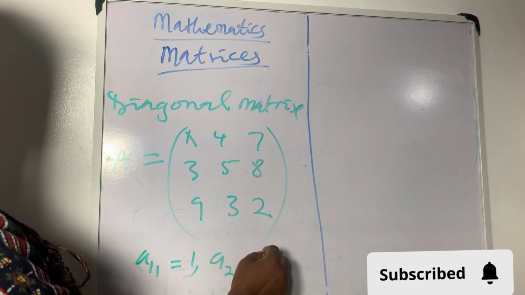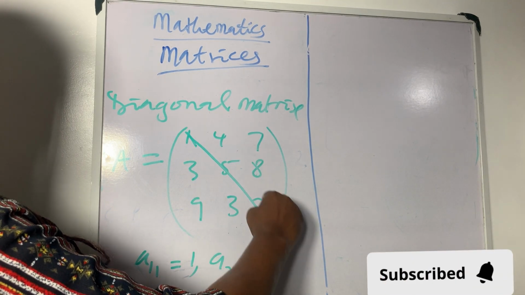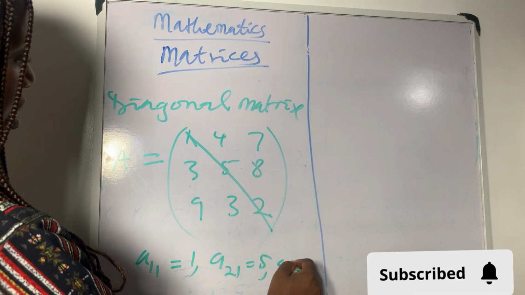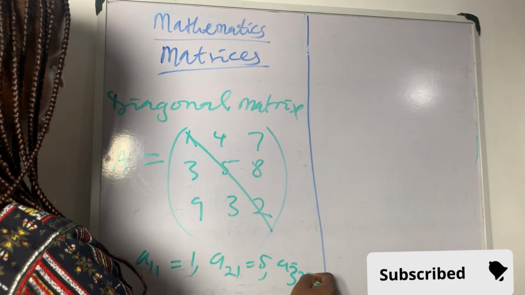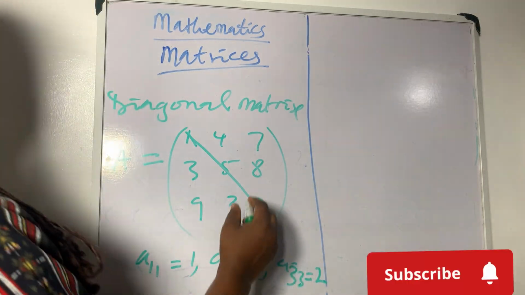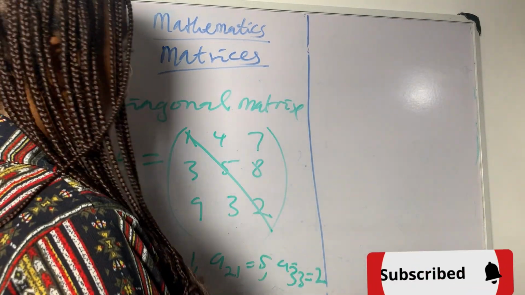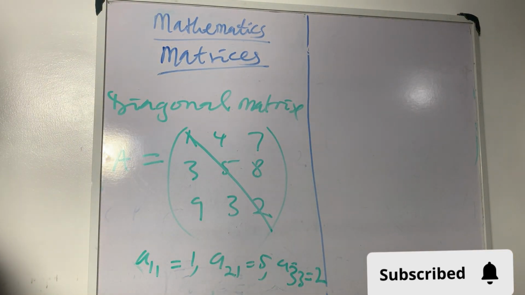A22 is 5. These are the diagonal elements. Then A33 is what? 2.